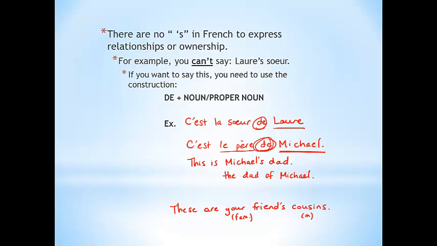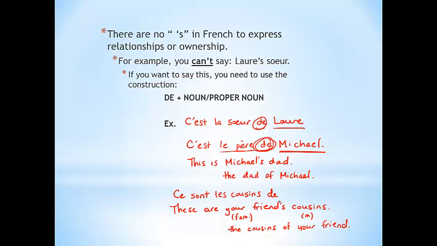Okay? So, first I'm going to rewrite this in English for you so you can see how we're going here. Okay? So you want to say, these are the cousins of your friend. All right? Okay. So, because we have these are, we can't use c'est because that's singular, right? So we have to use ce sont. Okay. And the cousins, les cousins, because we're using masculine plural.